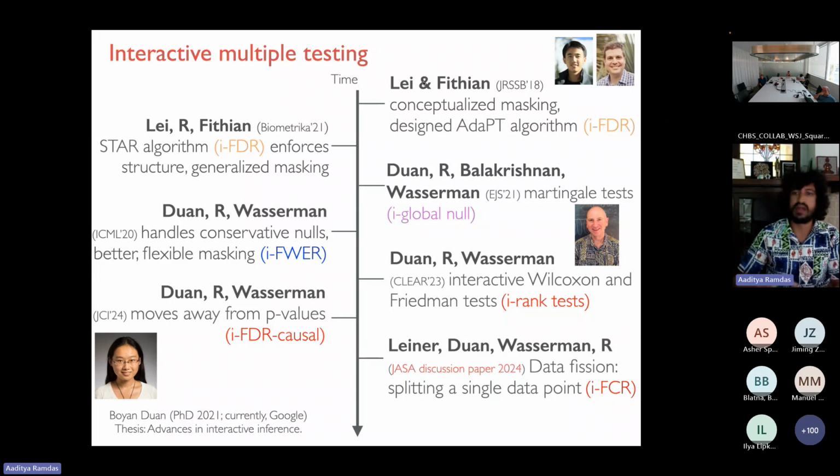This has culminated with this year's JASA discussion paper, which proposes a different way of promoting that interaction using something called data fission, which now allows you to go beyond FDR control, but also estimate treatment effect sizes and get false coverage rate control. But my talk is going to be on the earlier work before this year's discussion paper.